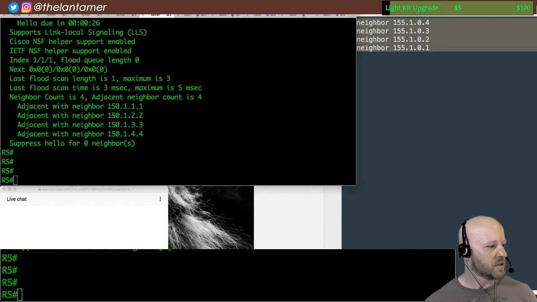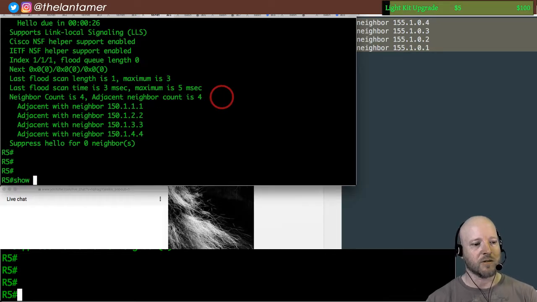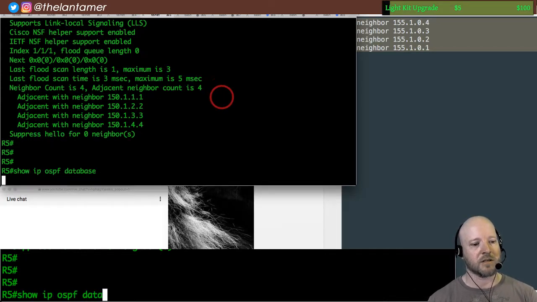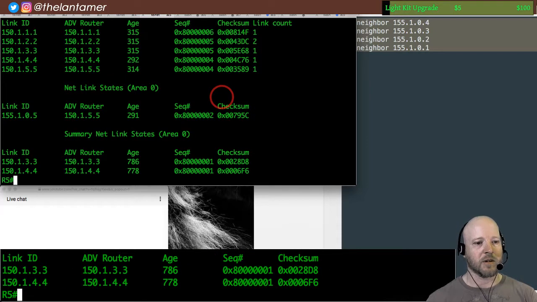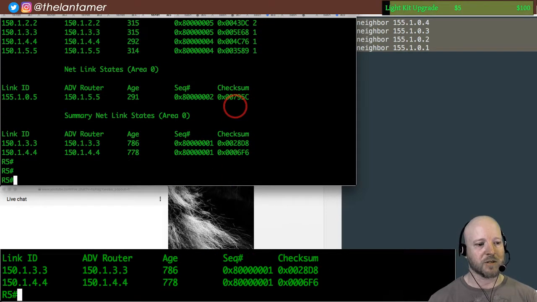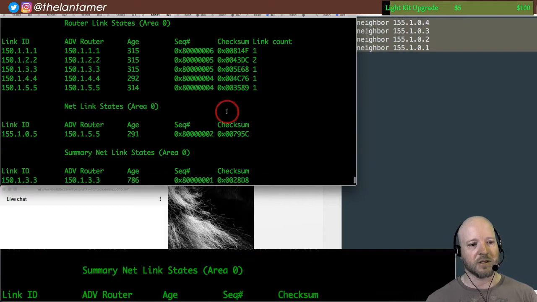we should be able to see now the type 3 LSAs, the network summary. So using the show IP OSPF database output on R5, the summary address should show. Here we go. So this is the first time we're seeing this in these labs.